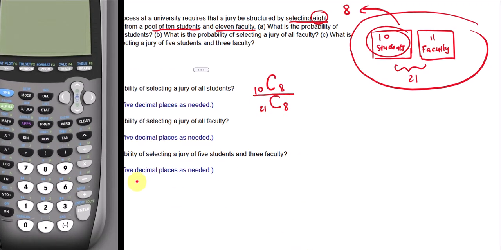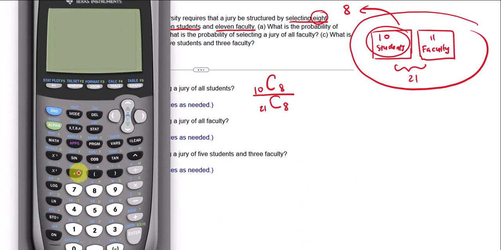And you can use a graphing calculator or any calculator that has the combination formula. So on the top, we will use 10, and we go to math, go to PRB, and choose the C formula.